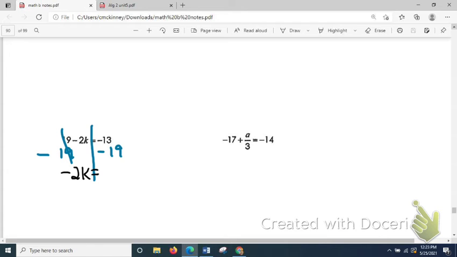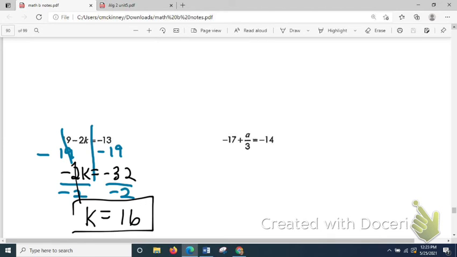Is equal to negative 32. So two negatives there added up to a negative. So rather than thinking of that being subtract 2k, think of it being a negative stuck to the 2. It's the coefficient of the k. Divide both sides by negative 2. And then k is positive 16.